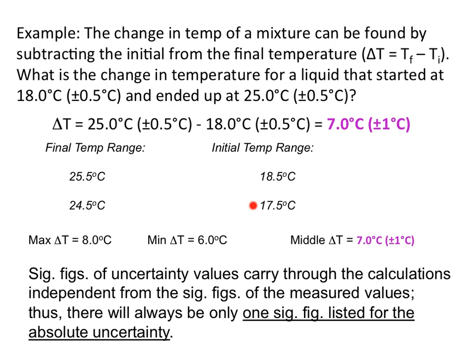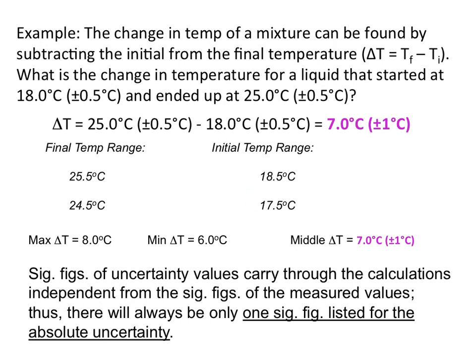Same thing with our initial temperature. Having a plus or minus 0.5 degrees Celsius tells us our initial temperature really falls somewhere between 17.5 degrees Celsius and 18.5 degrees Celsius. So we have a temperature range for our initial and final temperatures.